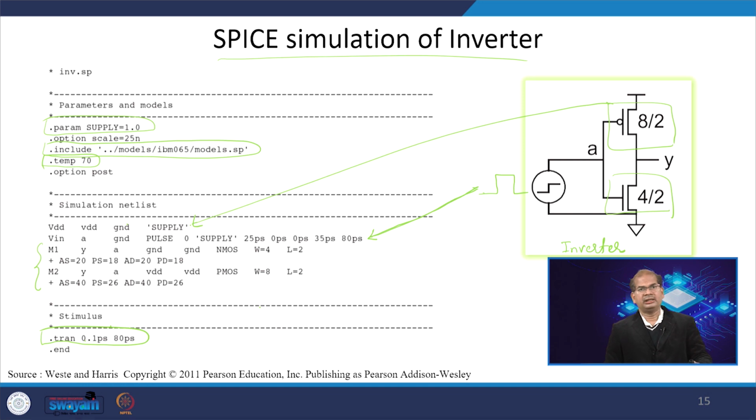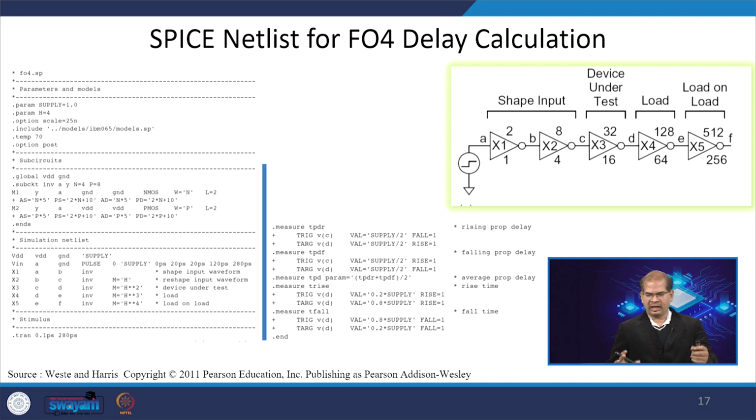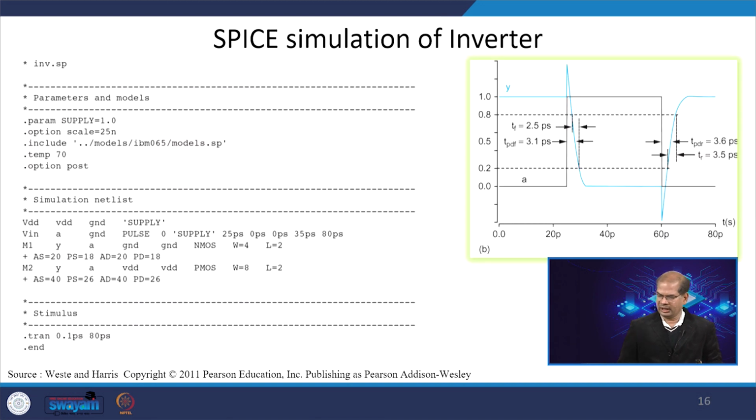Now, this is a very ideal case, but let us go into a little more actual simulation, because the input slew inside the circuit is not linear. Here it is assuming the input slew is linear; you can see the input pulse is a very straight line, so ideally there is no slew in this simulation. In an actual circuit, the slew is not linear.